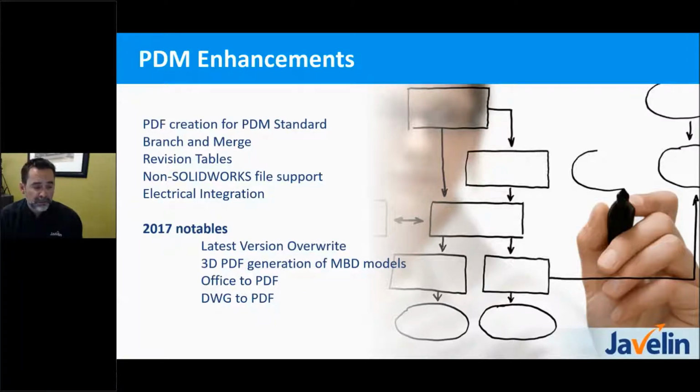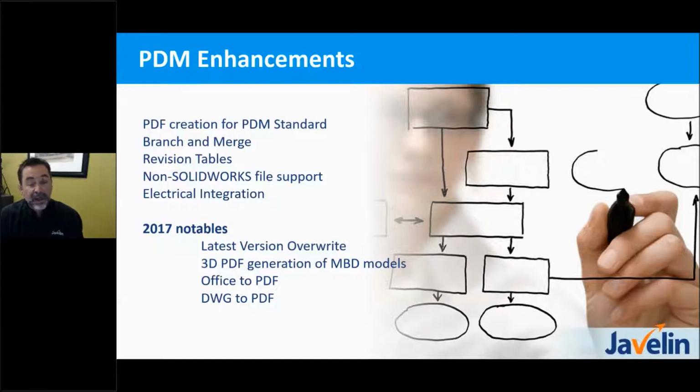One of the biggest, or two of the biggest enhancements for 2018 was this idea of branch and merging as a design tool. Revision tables is the second one. Being able to actually populate automatically and have a link between revision tables and our PDM system. The ability to have better support for non-SOLIDWORKS files, so maybe an Inventor data set or a UG data set.